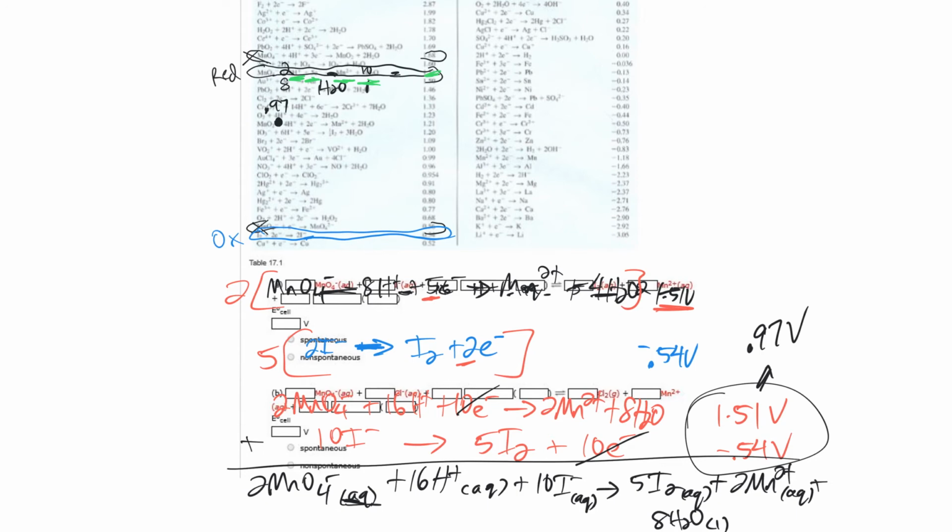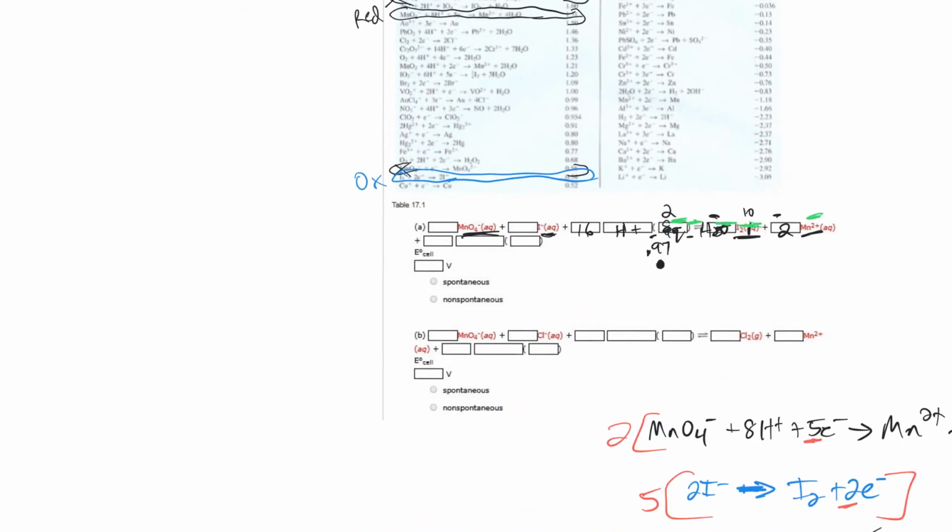Now, what about the other half reaction? Okay, the other half reaction. What are our clues as to what that could be? Well, they tell us we've got chloride ion and chlorine molecule. Is there any half reaction in this table that involves both chloride ion and chlorine molecule in the same half reaction?